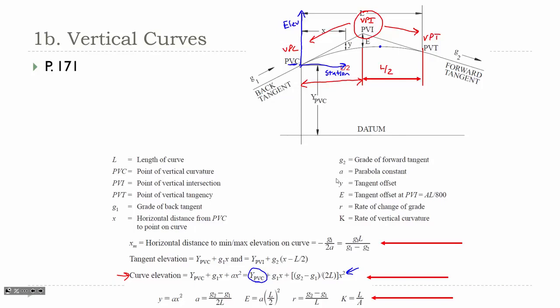The second term, G1X, is projecting along this line, and it technically goes all the way to the PVT. And the third term is the parabolic offset, which is going to be a negative term for a crest curve, and it's going to bring that elevation back down to the curve itself. So that's a pretty important equation.